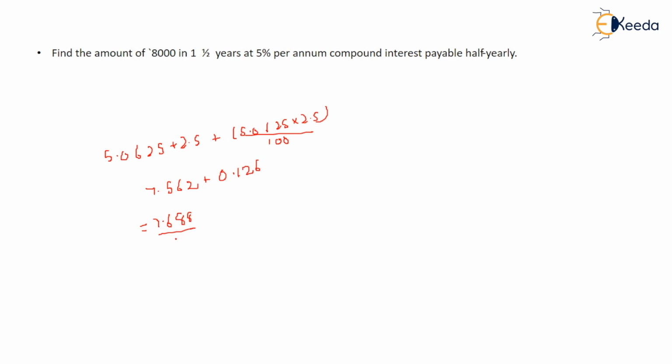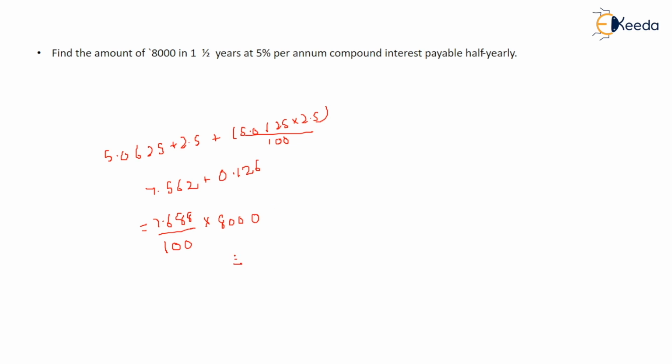So you have to find 7.688% of 8,000. Simply multiply it by 8,000, and this is a percentage, so you have to divide it by 100. So the compound interest that you will get, they ask you to find the amount, right?